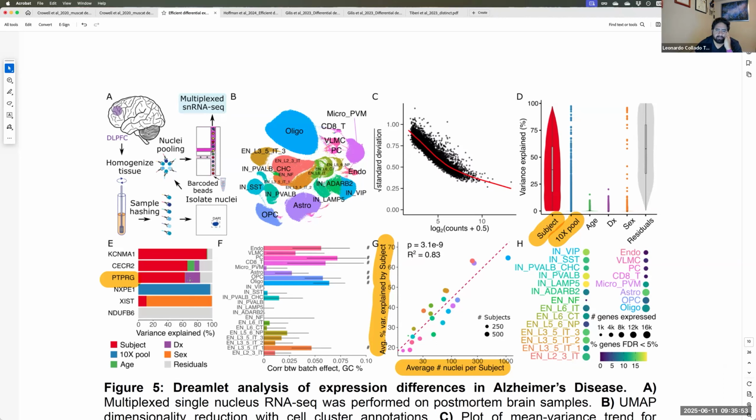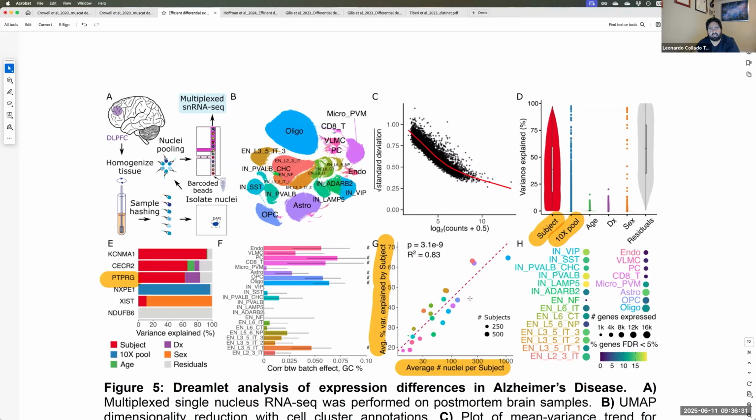This is one of the genes that shows up as differentially expressed. Now, the Dreamlet preprint has the graph over here, figure 5G, which shows that on the x-axis you have the number of nuclei per donor. So this is the number of cells per cell type, or the mean of that across all of the cell types, against the average percent of variance explained. There's a correlation over here with a small p-value.